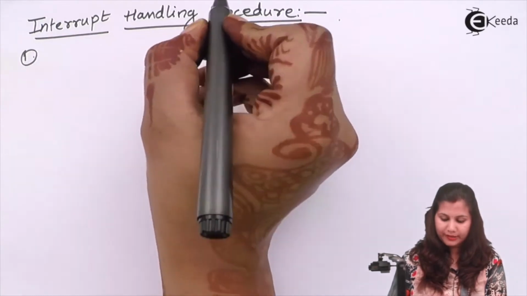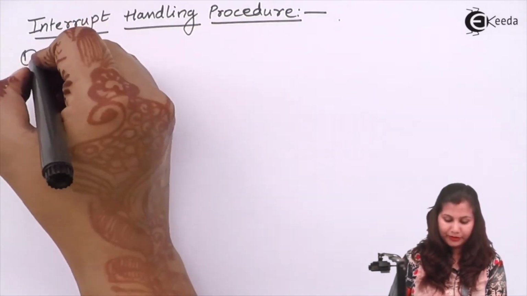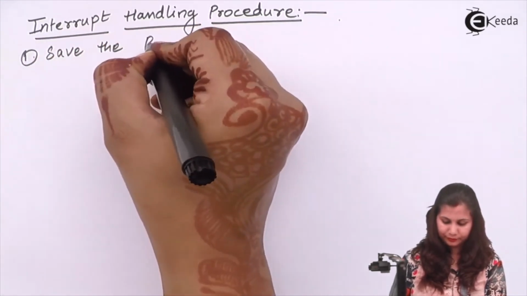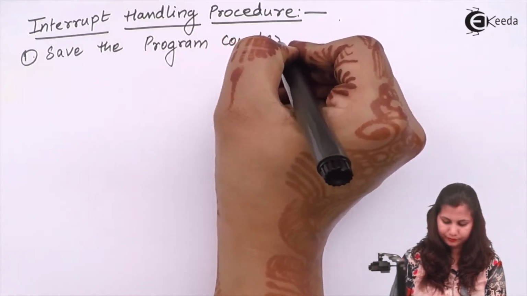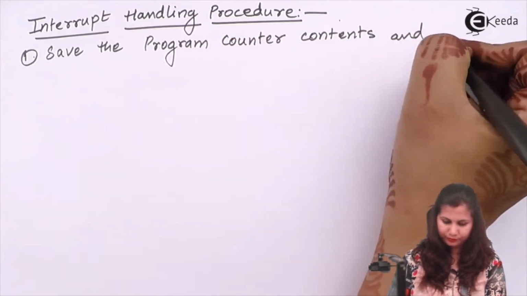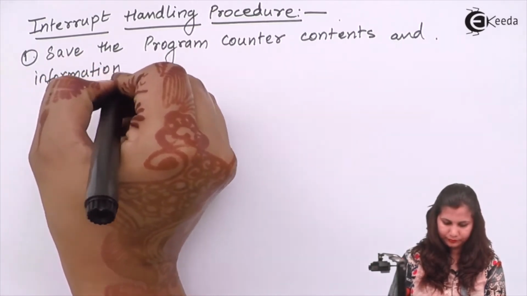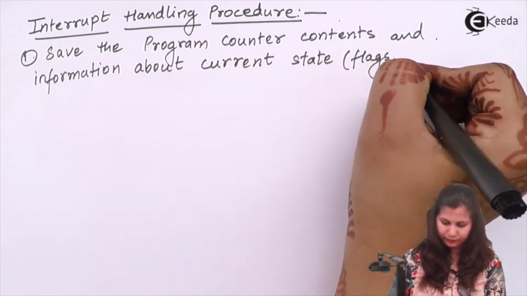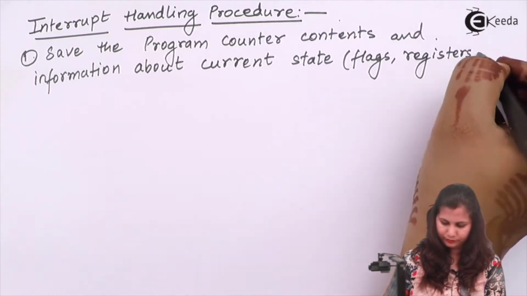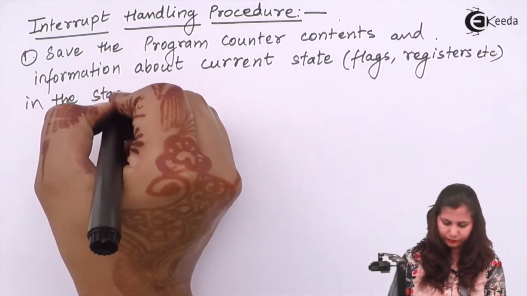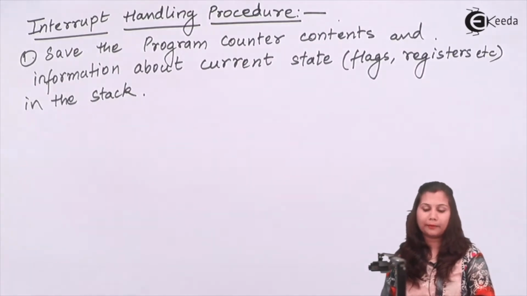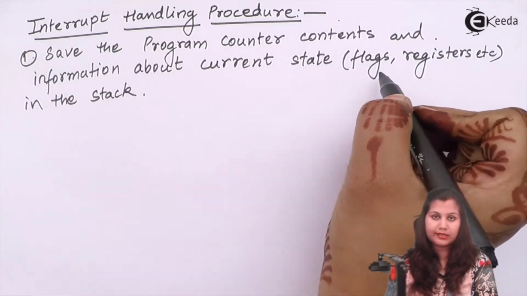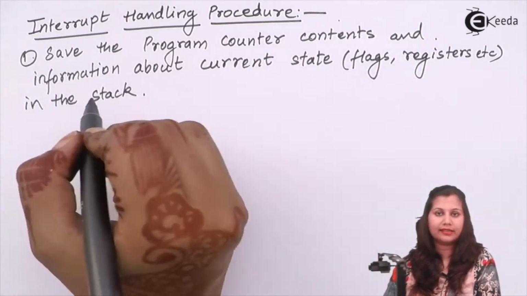So when an interrupt is given to the microprocessor, the first step is to save the program counter contents and information about the current state of the flags and the registers in the stack.